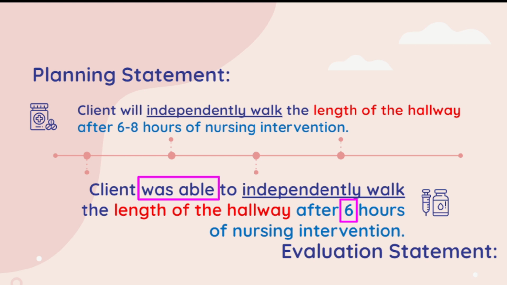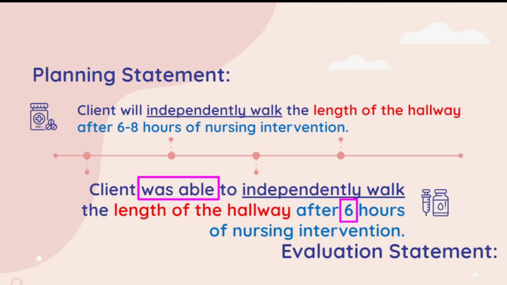And if on your planning statement you have arranged for the time frame, here the time is already exact. At which particular time were you able to achieve your goal? So specific.